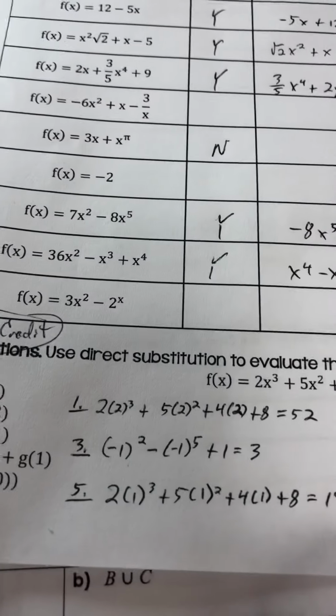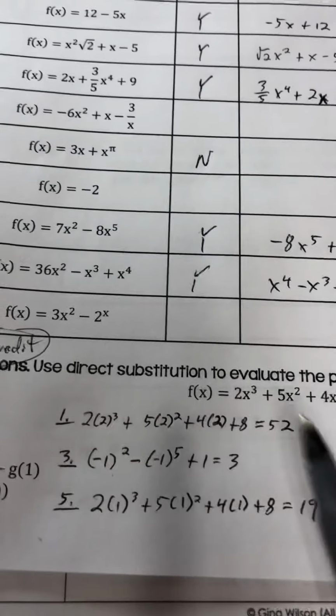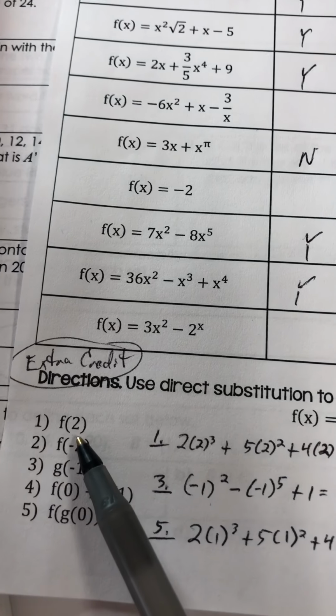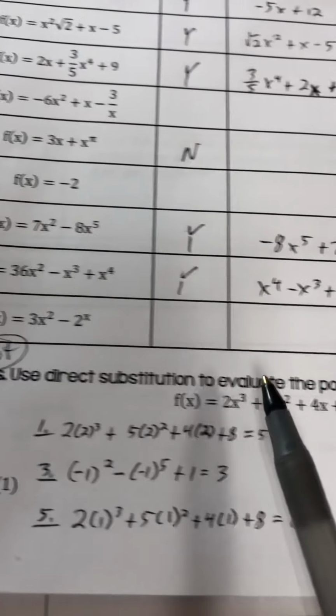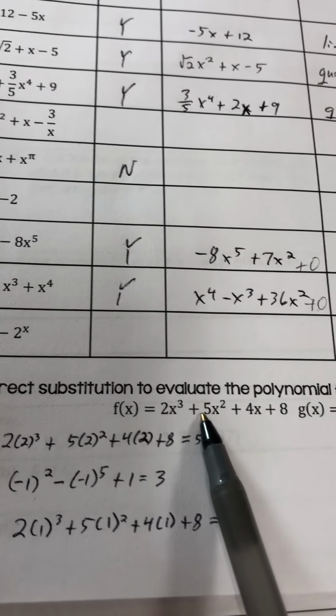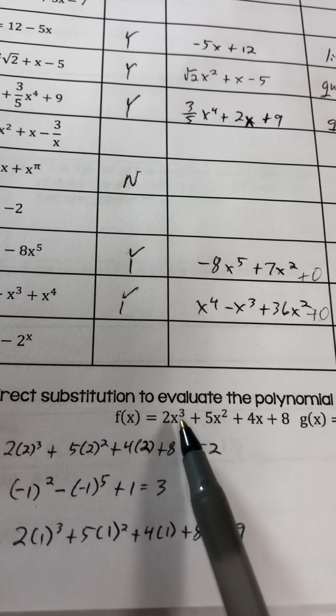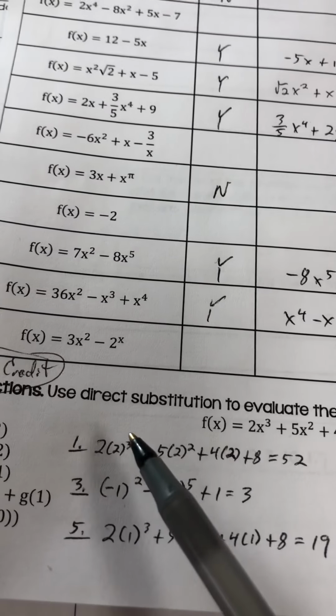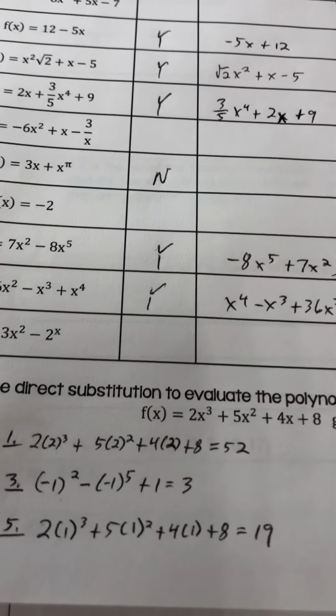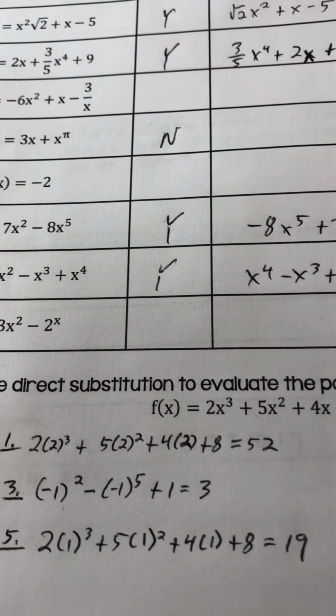When you get down to the bottom, you have some extra credit, and to help you get some extra credit, I did the odd ones. All you simply have to do is take that value and plug it into that formula. So wherever you see an x in the first one, you want to put a 2, and you can see that I did that. I put it in my calculator, and I got 52.